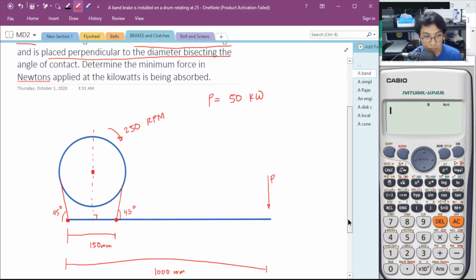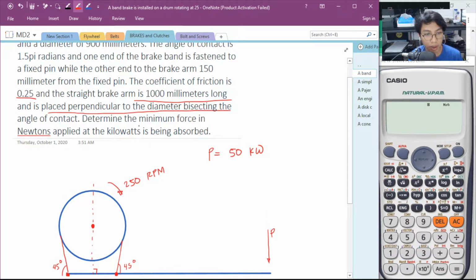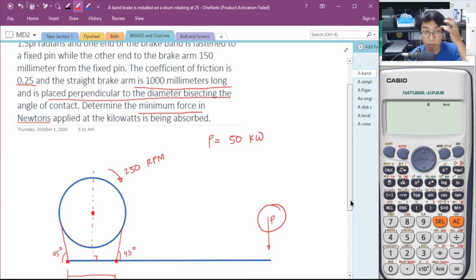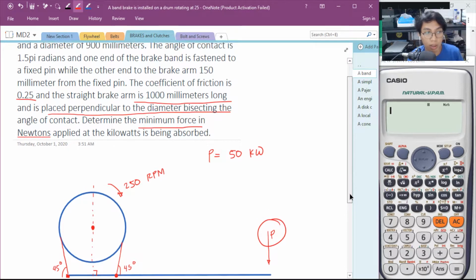Okay. Anong hinahanap niya? The minimum force in newtons applied. So, FA, yun nandito. Ito yung hinahanap natin. The force applied on the brake arm. Now, you have an angle of contact of 1.5 pi radians. And then the coefficient of friction is 0.25. The diameter of your drum is 900 mm.